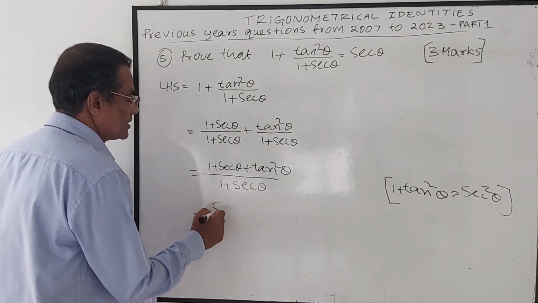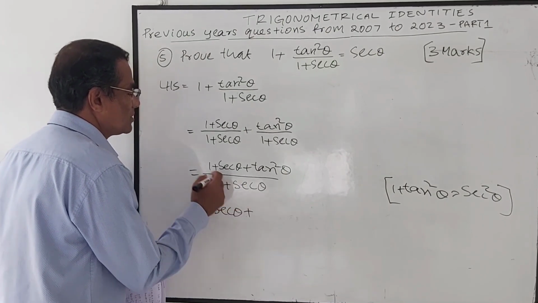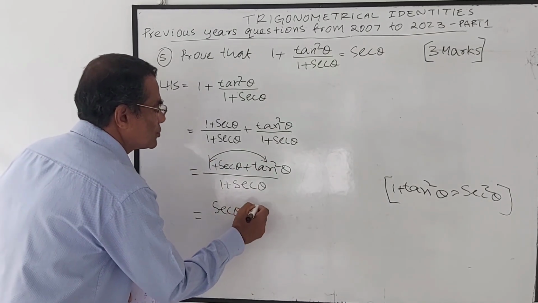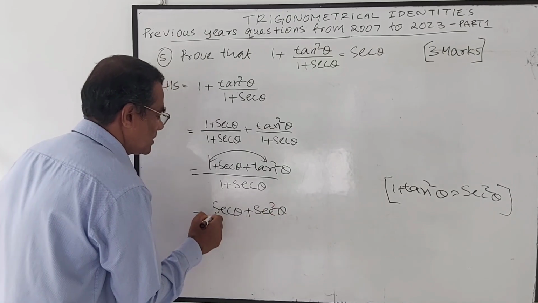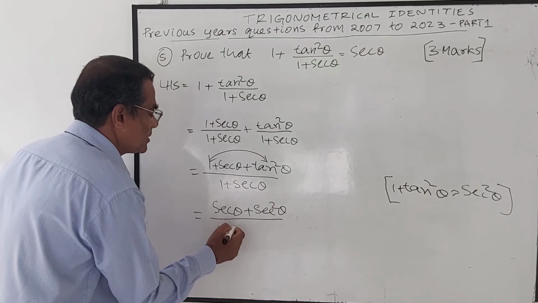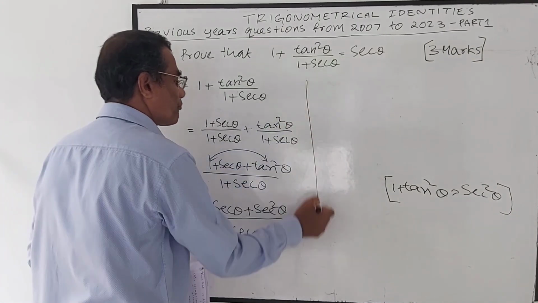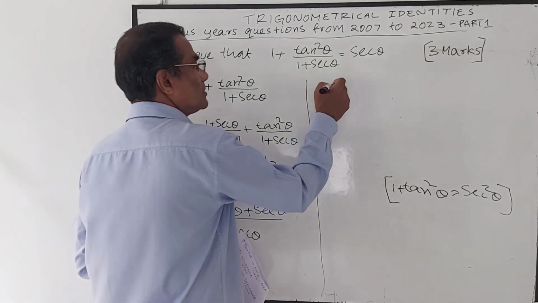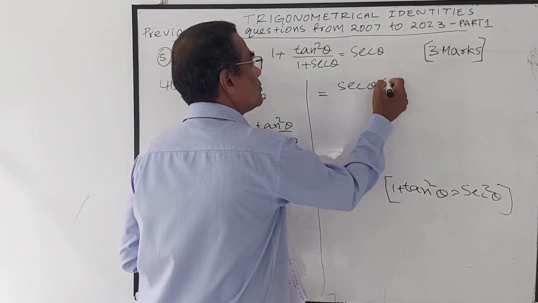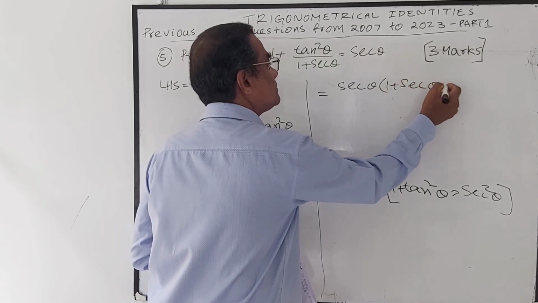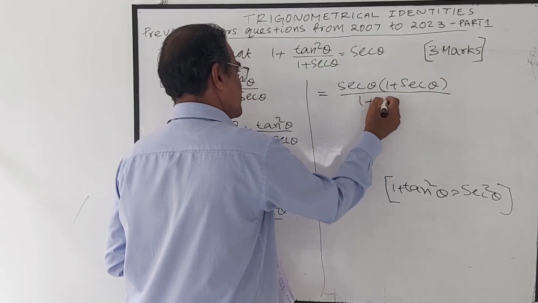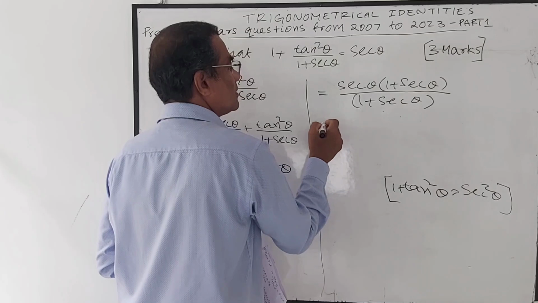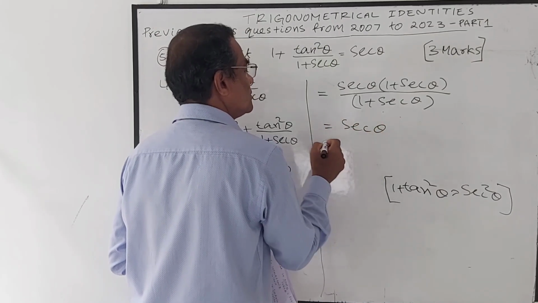So we have sec theta here plus, instead of 1 plus tan square theta, I am writing sec square theta divided by 1 plus sec theta. I am taking sec theta outside, so sec theta into 1 plus sec theta divided by 1 plus sec theta. So you will get 1 and the remaining is sec theta, which is equal to RHS.